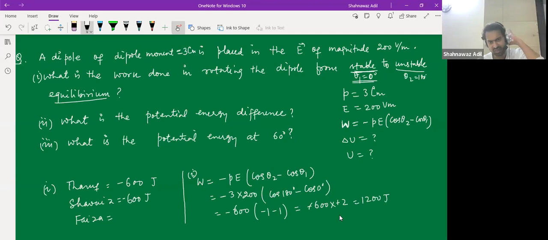Which part did you guys miss? Cos 90 or 0? We have stable and unstable, right? I also took it as 0 at first, so that is why I wrote stable to unstable, right guys?